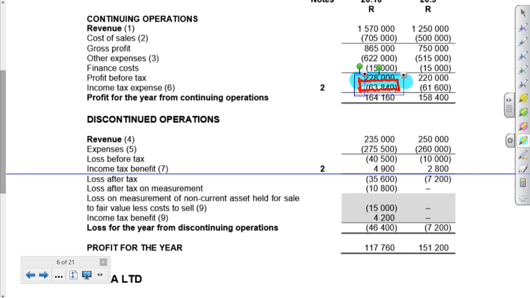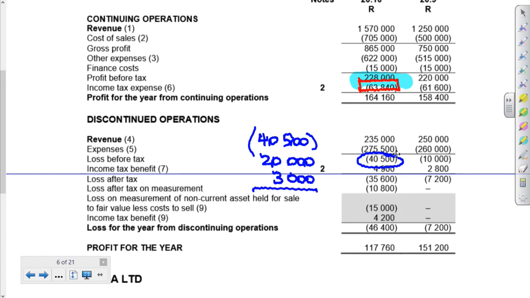Not deductible. Okay, so in this number, 4,500, which is starting as a loss, there are things that are not deductible. A 20, do you agree? And a 3. A 20 and a 3, which makes my loss smaller. Do you agree?